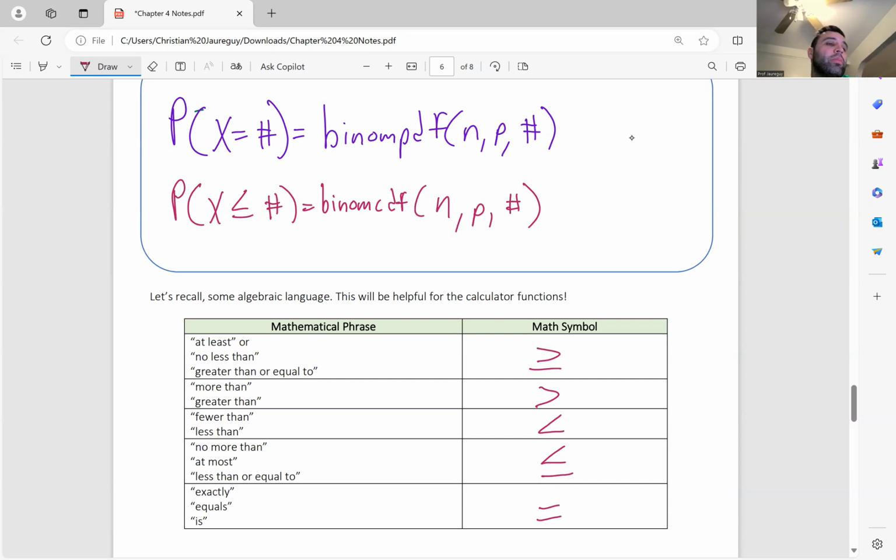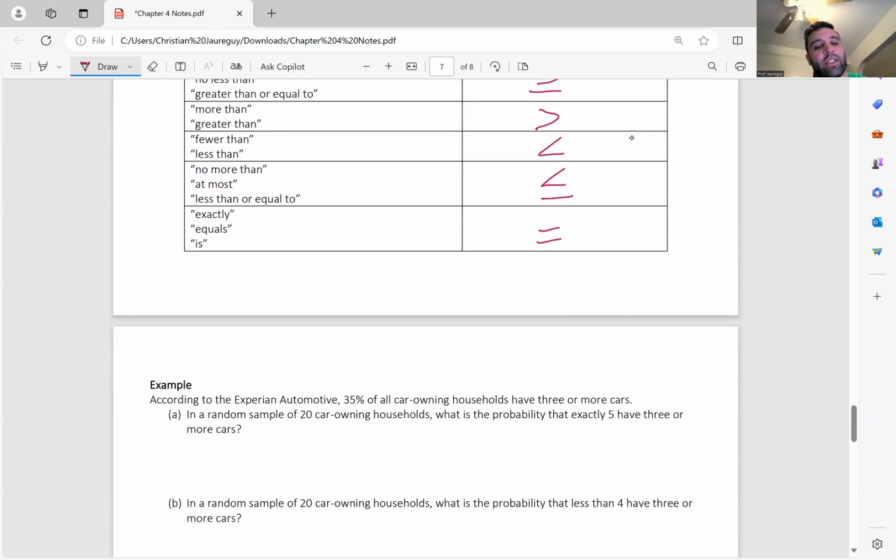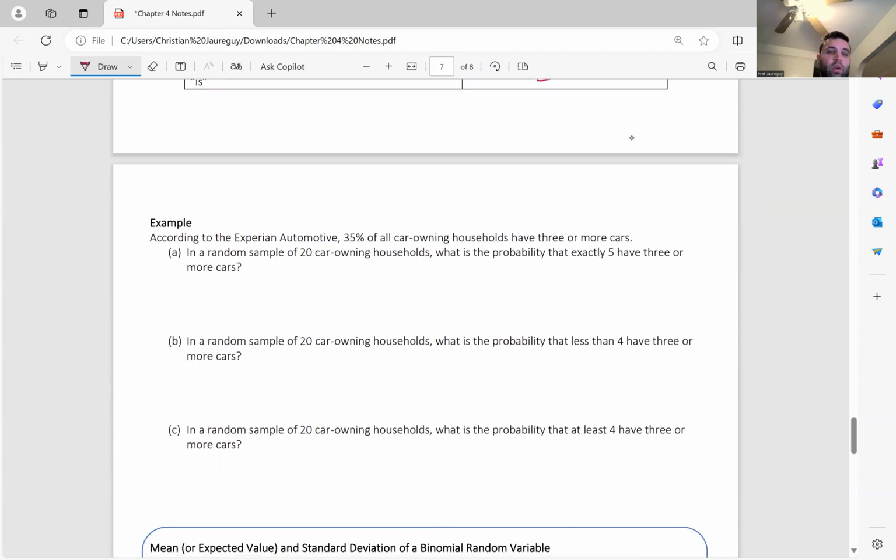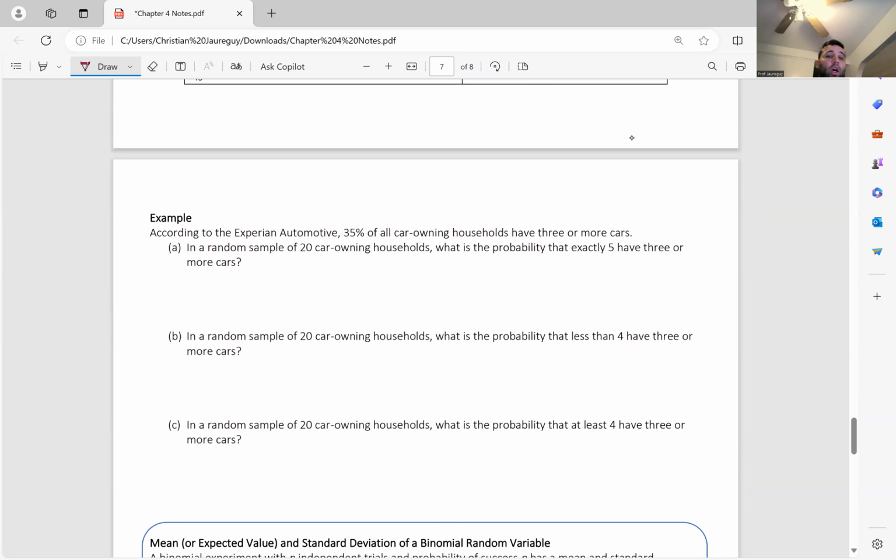But let's look at some possible future quiz/test style questions. According to Experian Automotive, 35% of all car-owning households have 3 or more cars. Fine. Let's randomly sample 20 car-owning households. What's the probability that exactly 5 have 3 or more cars?